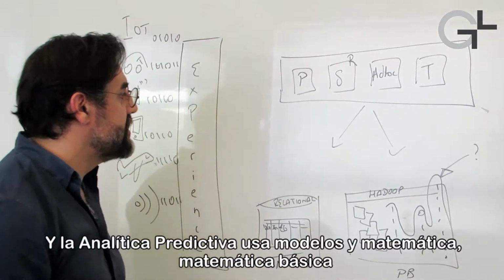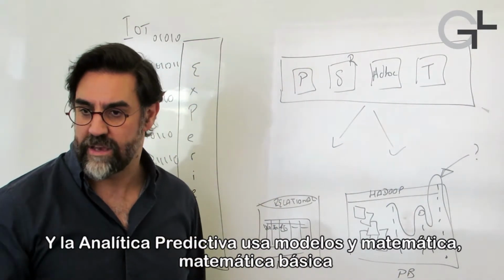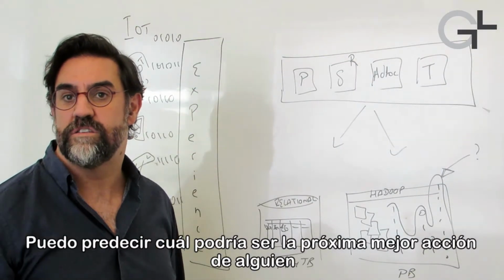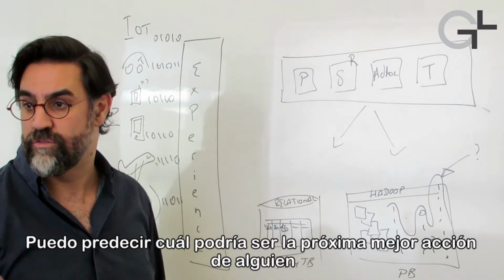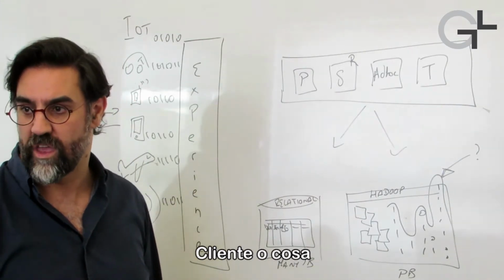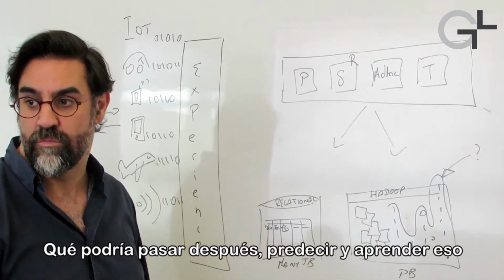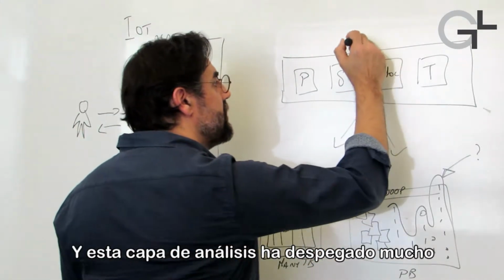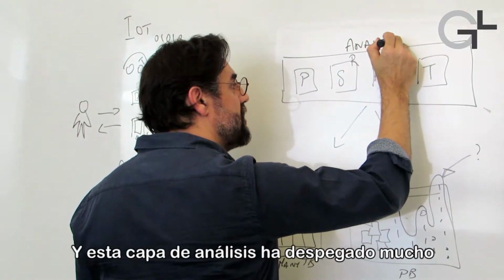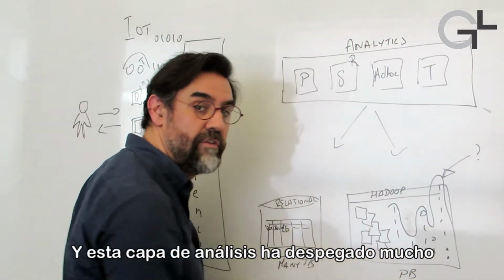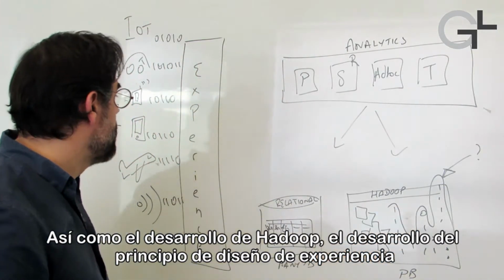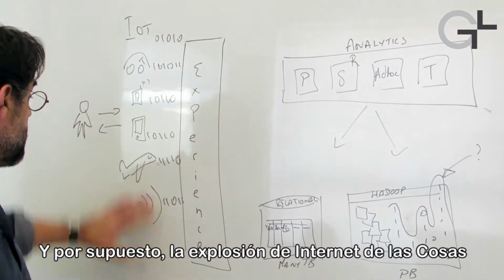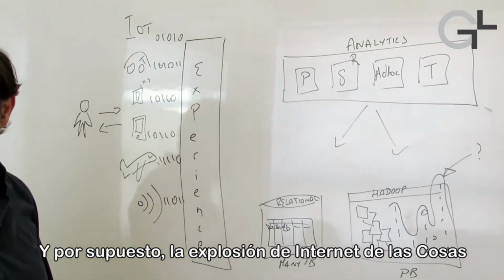Predictive analytics uses models and mathematics, and can predict what the next best action for somebody might be, a customer or a thing. What should happen next, and predict and learn that. And this analytics layer has, in recent years, really taken off, as has the development of Hadoop, the development of the principle and experience design, and obviously the explosion of the Internet of Things.